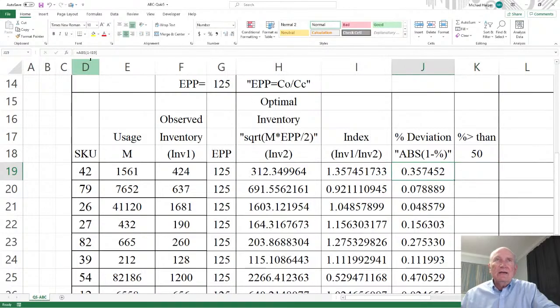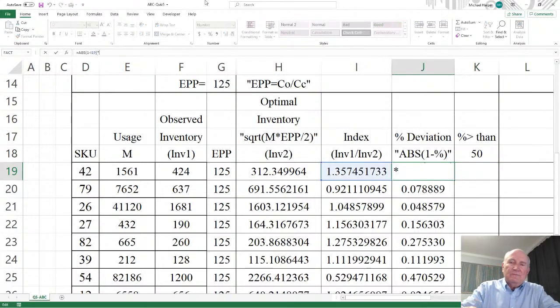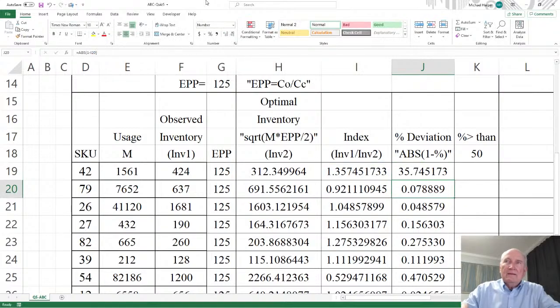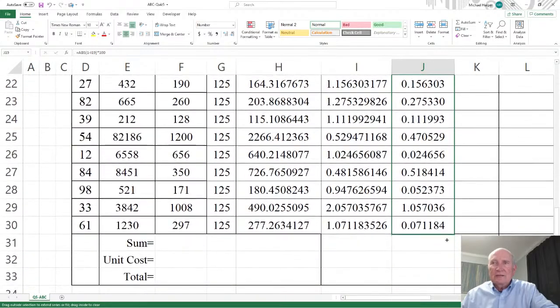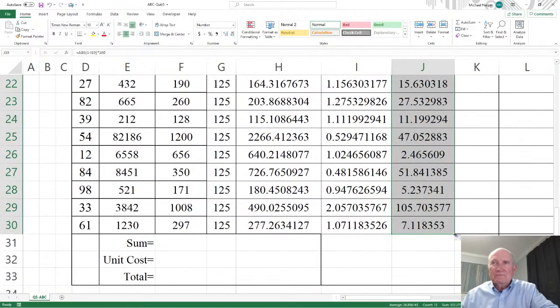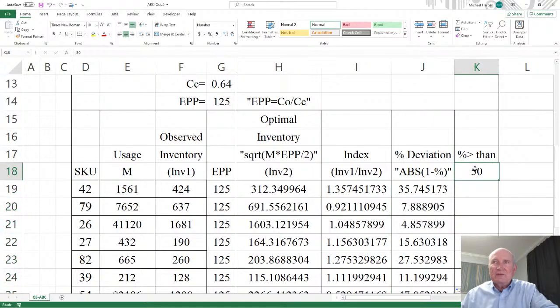Let's come here and multiply this by 100. So now this is 35%. These are not decimals, these are actually percentages. Now let me put a 50% in here.